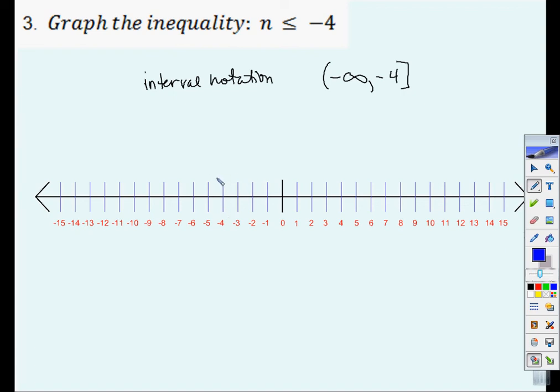I include negative 4, so I use a bracket here, and everything that's less than or equal to that. So on the number line, that would be everything that's less than negative 4. So you just shade it there, a little bit thicker than the line so you can see. So negative infinity is over here somewhere, it's that concept, up to and including negative 4.